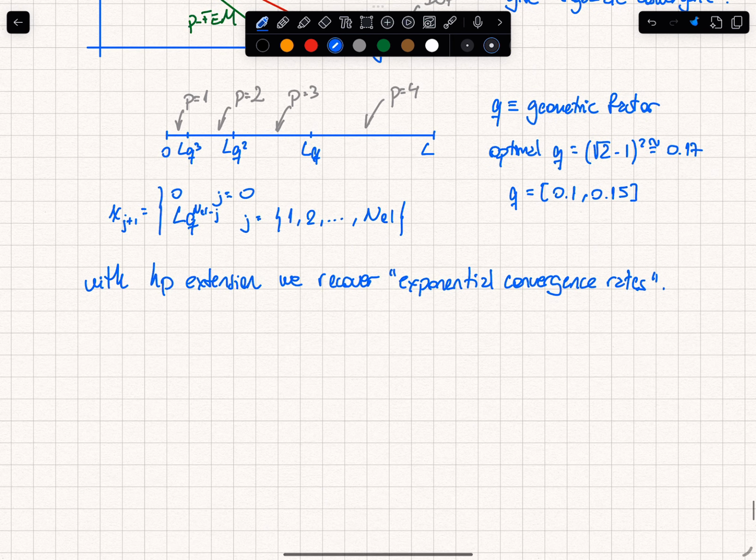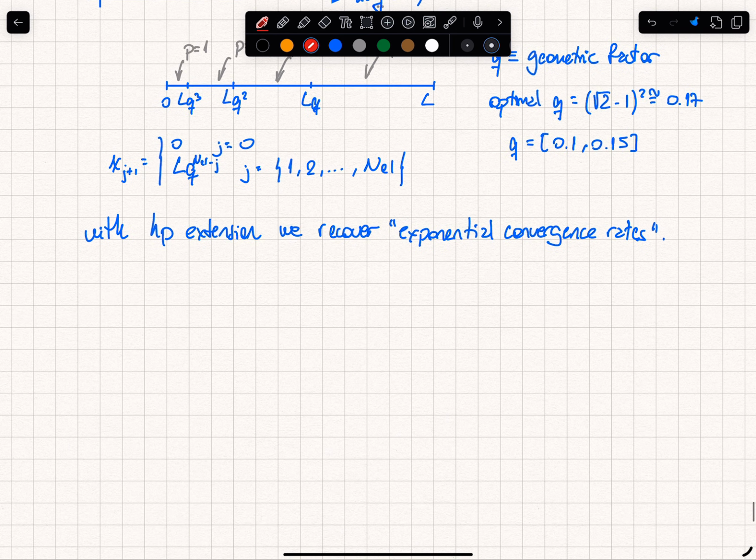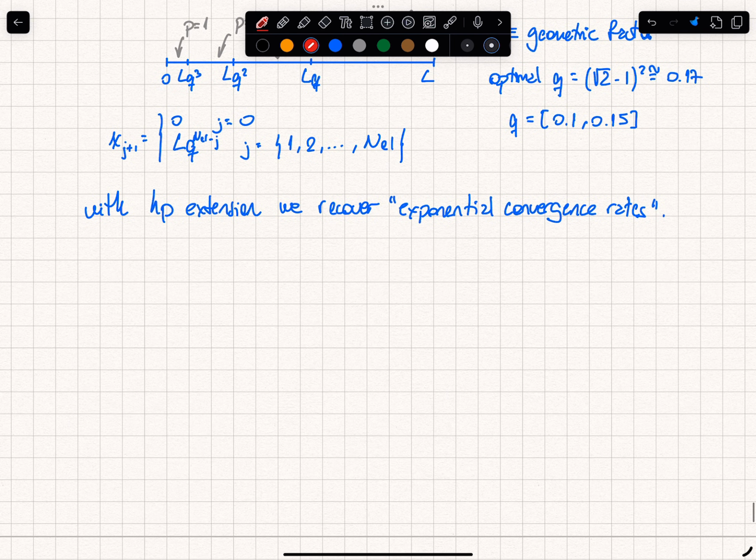So for problems that have a singularity at a single point in the domain, we recover the exponential rates. Now, this discussion helps us to classify the problems in 3 kinds.